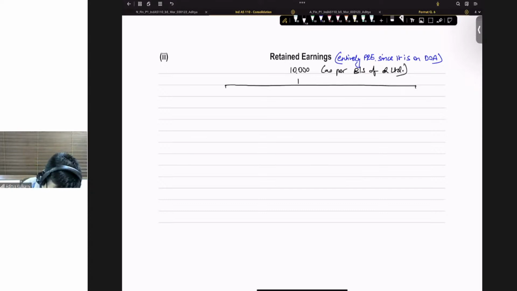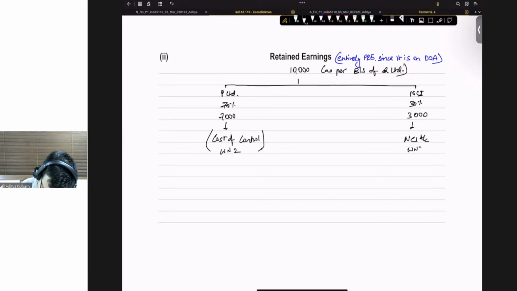Split this up between P Limited and NCI. 70%, 30%, 7,000, 3,000. So this will go to cost of control, working note 2. This will go to the NCI account, which is working note 3.